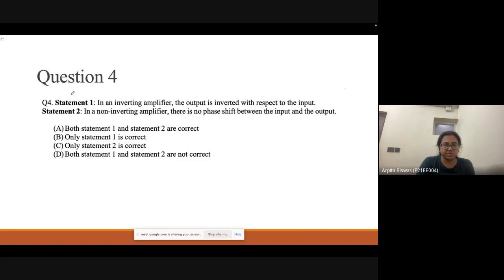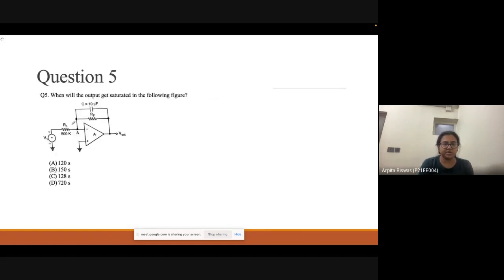So this statement 1 is true. And what is statement 2? In a non-inverting amplifier, there is no phase difference between the input and output. So statement 2 is also correct. So both statement 1 and statement 2 are correct. Okay. So next, moving towards question number 5.